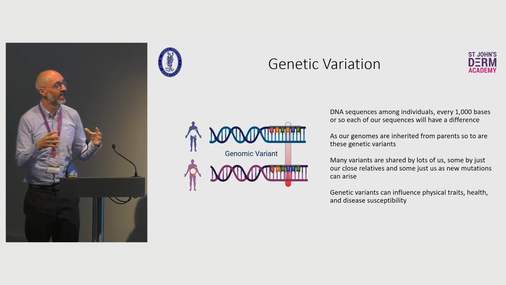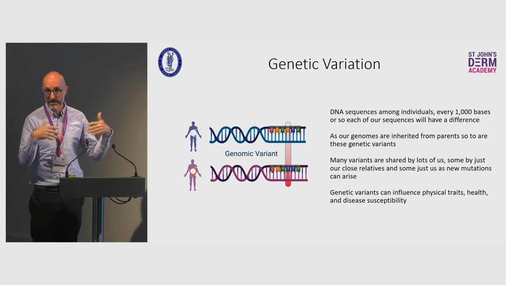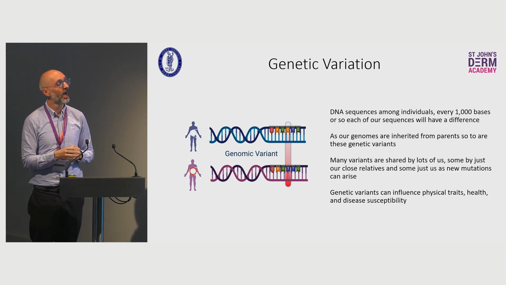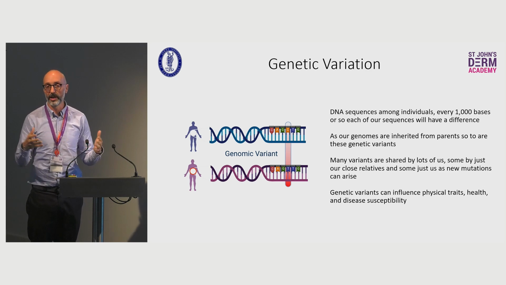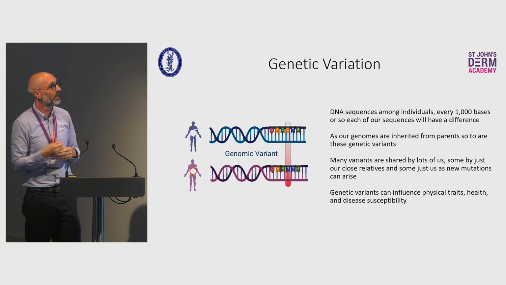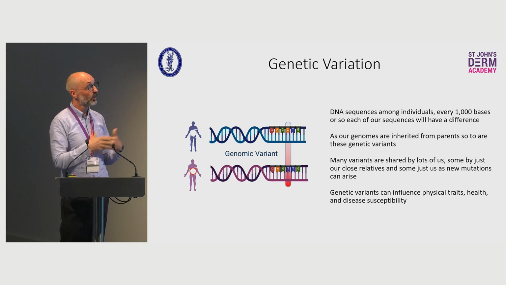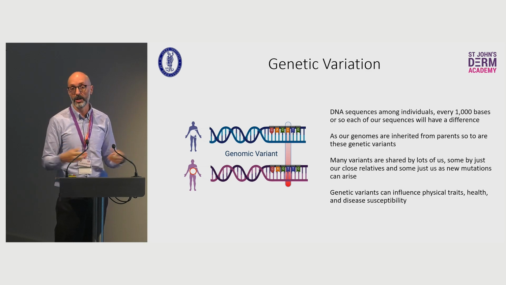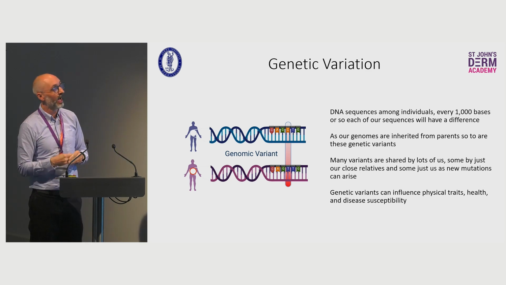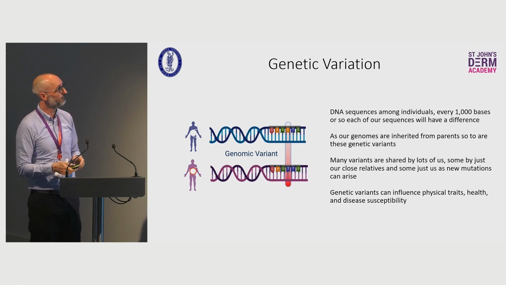Importantly, it's these variant positions which influence the physical traits and why we look different from each other. But they also cause differences in our biology, how our cells are working, which leads to differences in health and disease susceptibility.